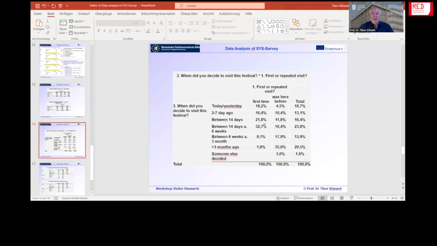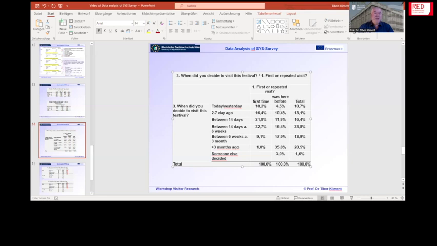Here we have 1/3 that decided between 14 days and 6 weeks, but also a large amount of people in the last 7 days, the last week, or even the day before. So first-time visitors are much more spontaneous than the regular visitors.